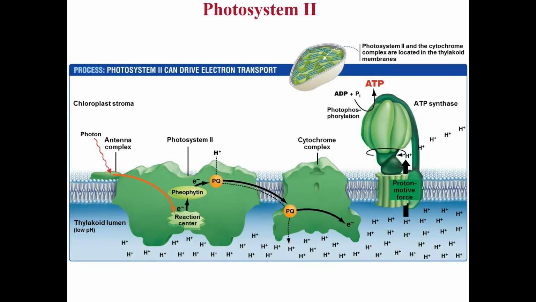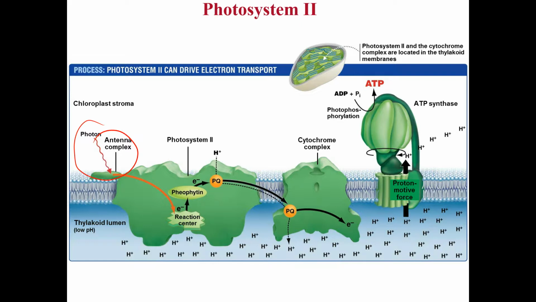Okay, so looking at Photosystem 2 in a little bit more detail, looking at how ATP is generated. We have our pigment molecules in our photosystem that capture light energy. This energy gets transferred to our reaction center. Our reaction center becomes energized.